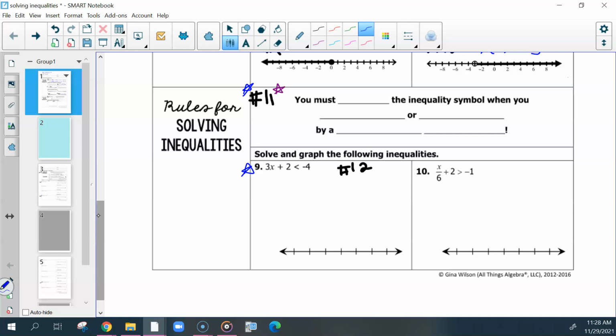For this, you must switch or flip the inequality symbol when you multiply or divide by a negative number. I'm going to give you a few examples.